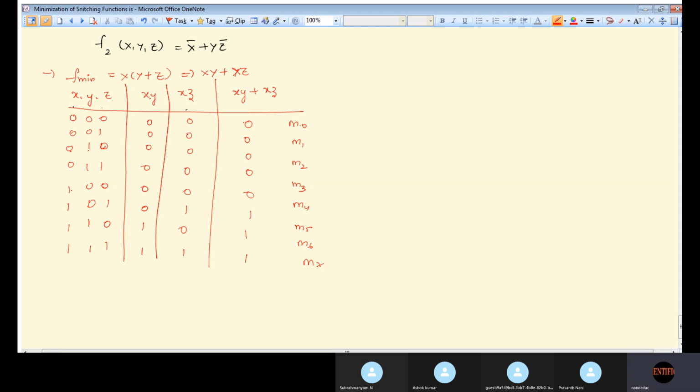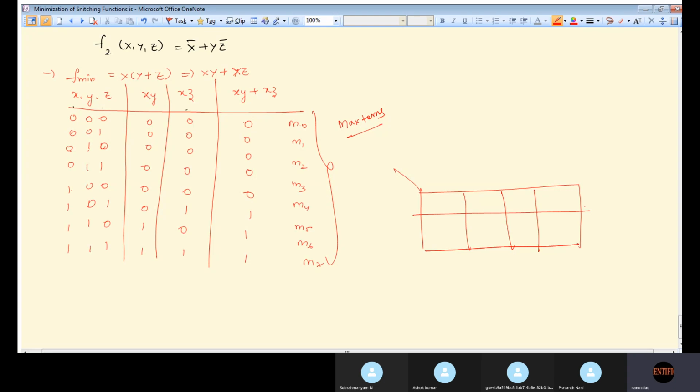Now for this, you need to map this function. It was said POS, so these are the max terms, not min terms. You just correct it. Since these are max terms, map A, B, C. Where do we need to take them?